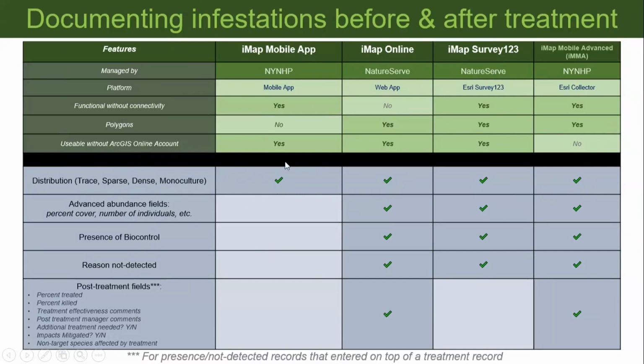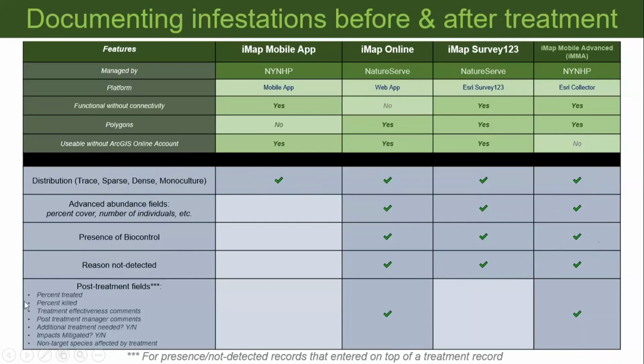Even if you're just recording a simple point in the mobile app, you can still fill out this information, which will be useful for assessing change over time. And for the more advanced abundance fields, like percent cover and number of individuals, any of our advanced tools would work. Same goes for recording the presence of biocontrol or recording the reason not detected.